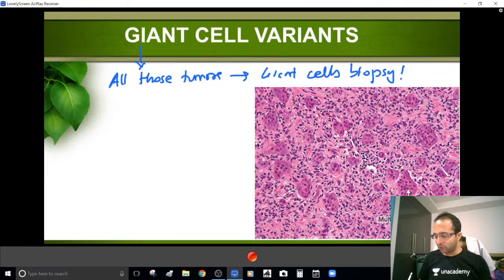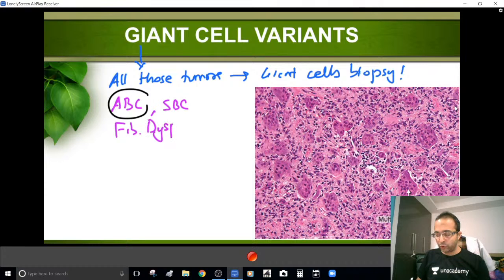So when you track down the list of giant cell variants, up at number 1 comes aneurysmal bone cyst. Then you can also have simple bone cyst. ABC is the closest variant. Then fibrous dysplasia is another important tumor where you can have giant cells. And in fact, this is the commonest giant cell variant.